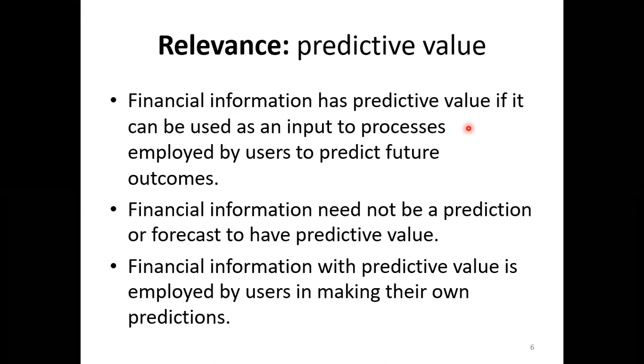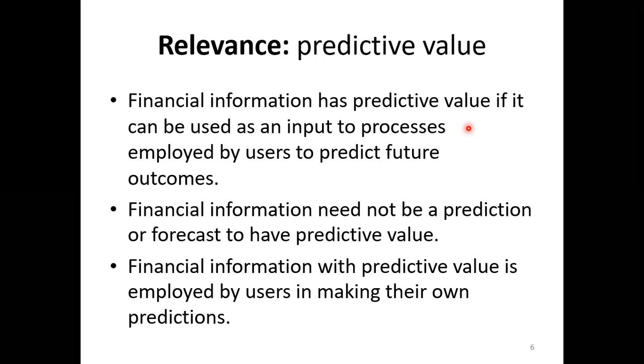If any information is useful to predict the future estimate, future value, then in that case that is relevant information. If it helps to predict the future figure correctly, then the information is relevant information.